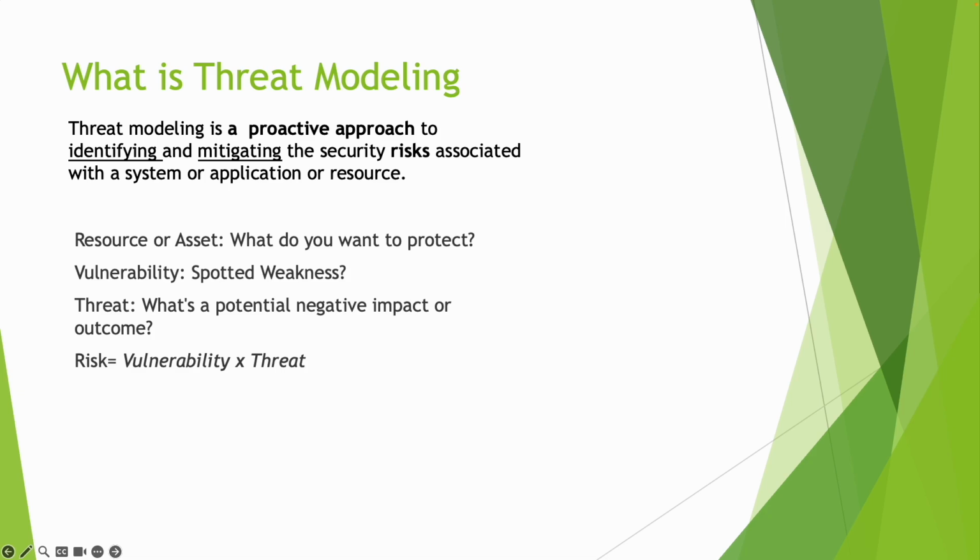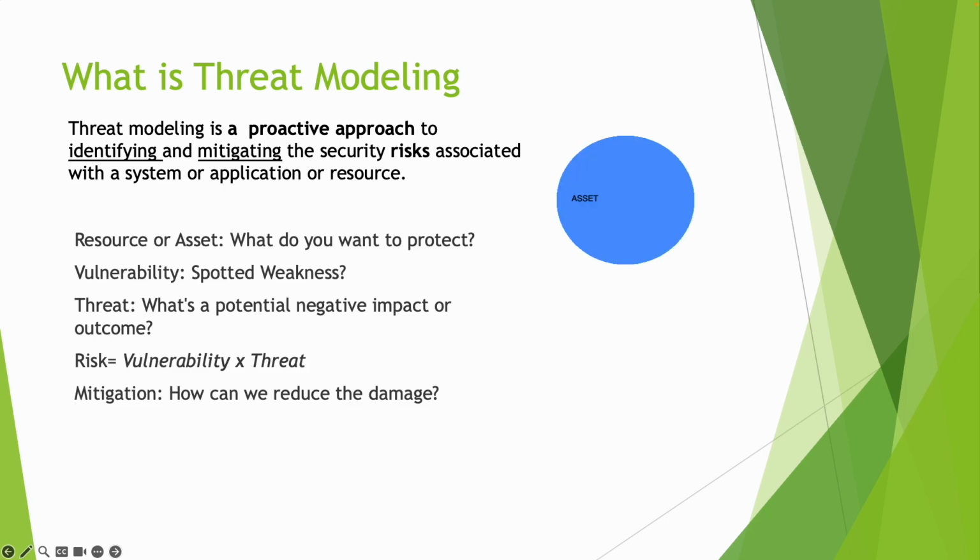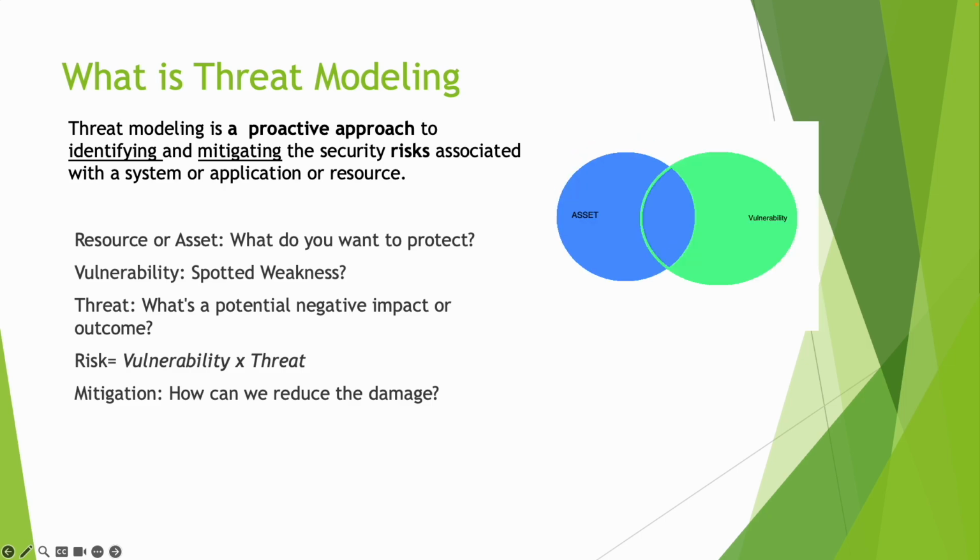Once you are clear with the terminologies, it will be easy to understand. To make it much simpler, I have come up with a diagrammatic approach where we can assume that we have an asset and it can have a vulnerability or spotted weakness, and what potentially can impact it is basically called a threat, and it can be diagrammatically represented in this way.